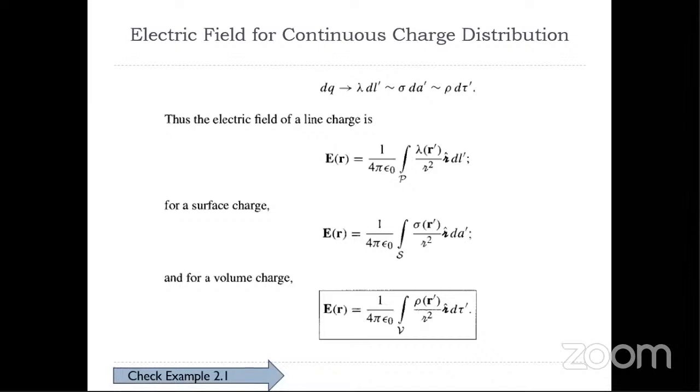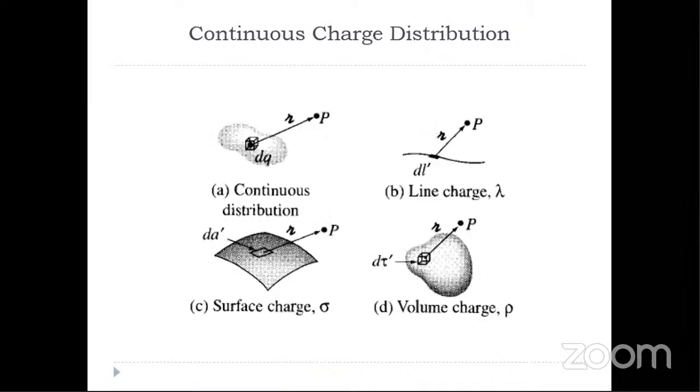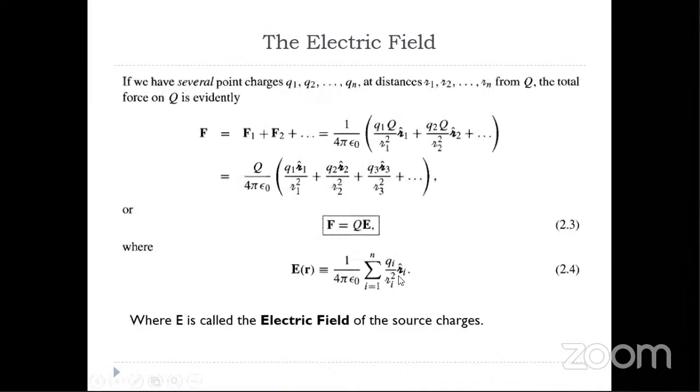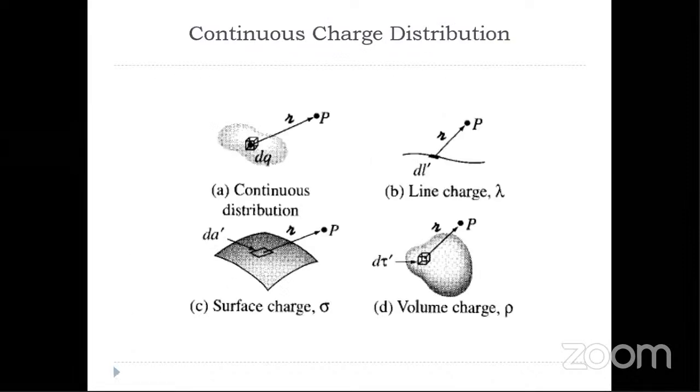What is the field produced by entire line? Field produced by entire line is a summation of field because of all such elements together. Basically, in case of discrete charges, this is summation. But this system is discrete because charges are separated. Q1 is separated from Q2, it's separated from Q3. But here, the charges are not separated, they are continuous.